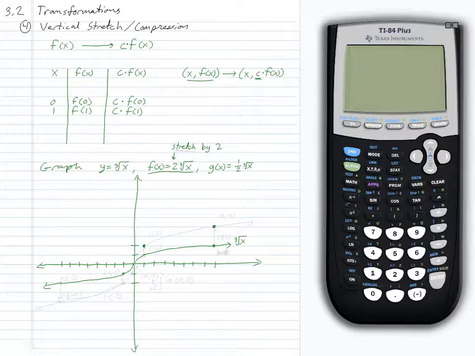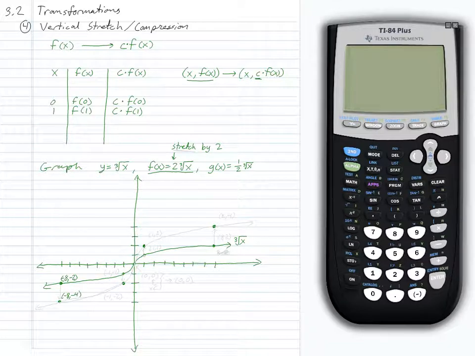We'll get stretched up to (8, 4). (-1, -1): our y-coordinate will also be multiplied by 2, so negative 1 times 2 puts us down at (-1, -2). And our last point, (-8, -2), if we multiply that y-coordinate by 2, that will stretch us down to (-8, -4).